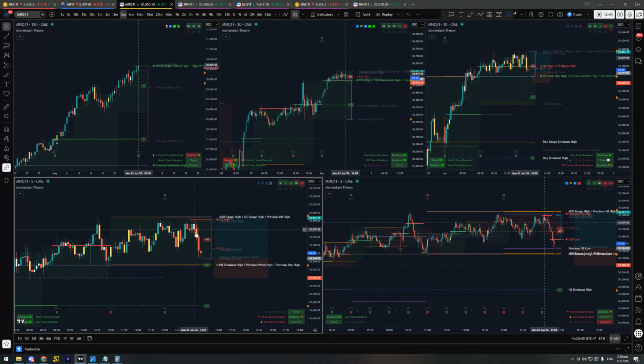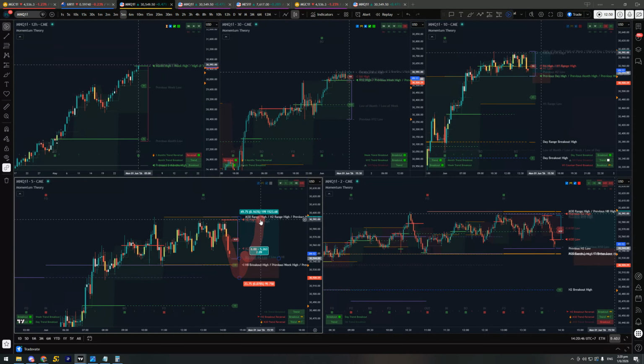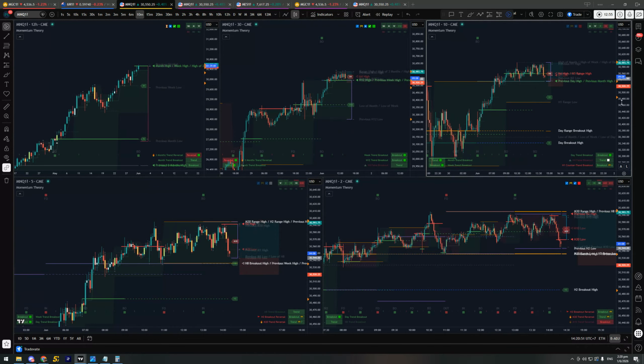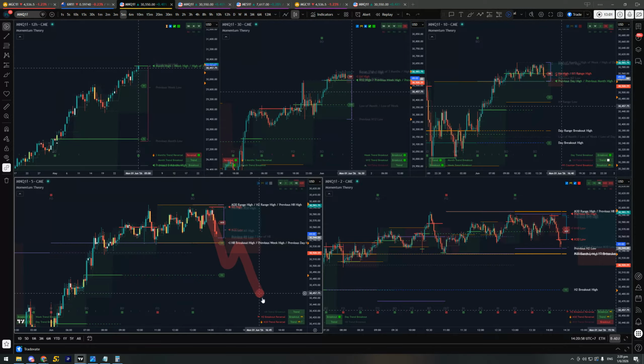All right, so it is moving nicely here. Just want to see that continue and then close above, and I'll look for a continuation back up if it sets up, assuming that it's not just going to continue pushing down.